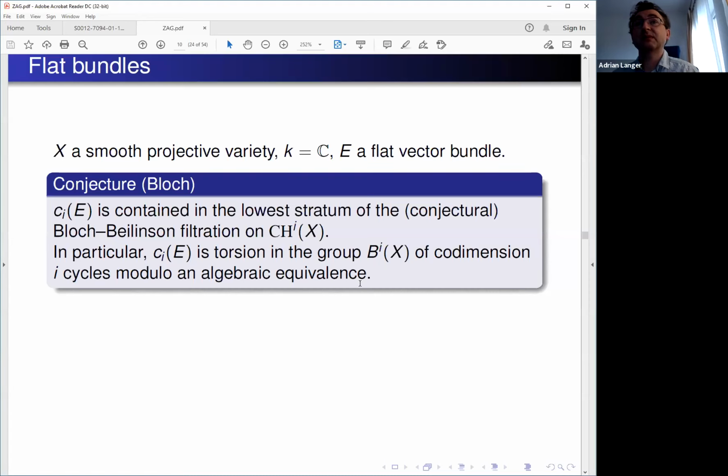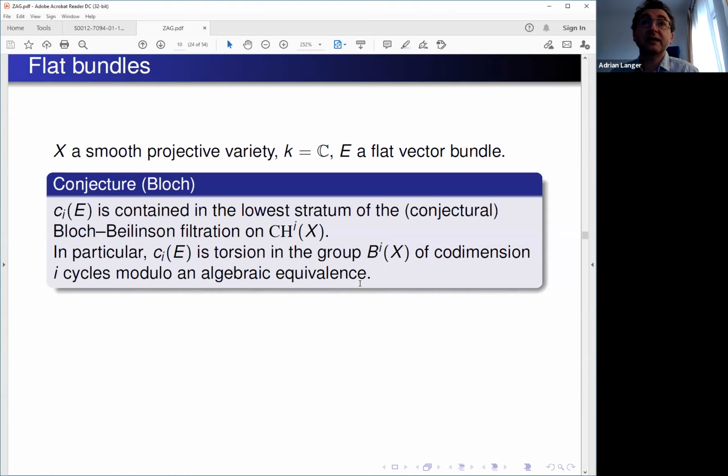The problem with this formulation is that we don't really know what this means, because the Bloch-Beilinson filtration exists only conjecturally, and therefore this conjecture depends on another conjecture.